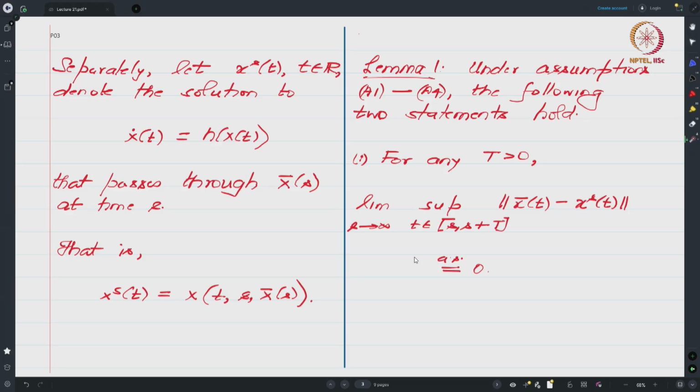So, let us decipher what we have over here. The first limit says that you require s to go to infinity.